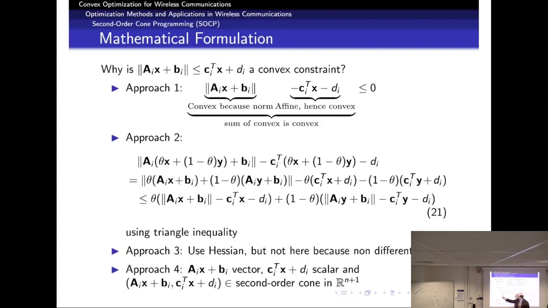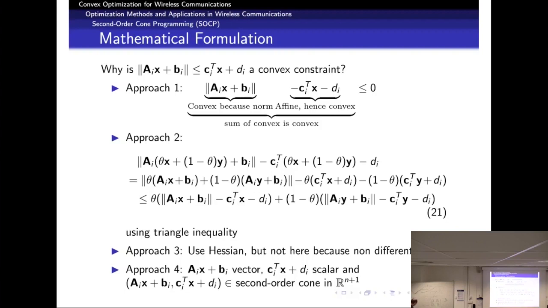Bottom line, what you get is, again, what we have done before. This is your function applied to point x. This is your function applied to point y. Then you weight those two. So this essentially gives you any point on this chord between those two points. And this is larger than the function applied to any point in between. So what I was just drawing is something like this.